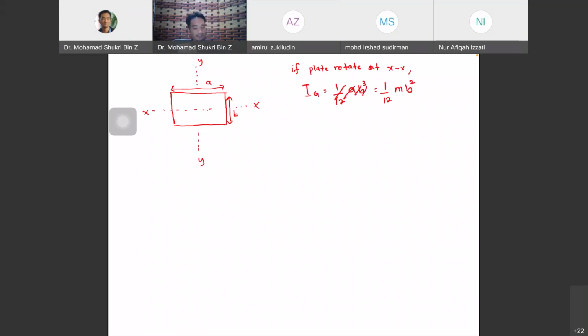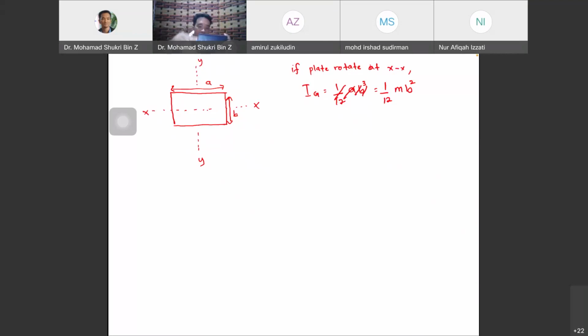Maknanya if you have a plate, let's say this is plate, and then this is your X direction. You want to rotate like this one. Yang mana bahagian rotate tu? This one, so you square this one. Let's say you have this plate, and then this is B, yang atas ni adalah A, dia punya dimension.